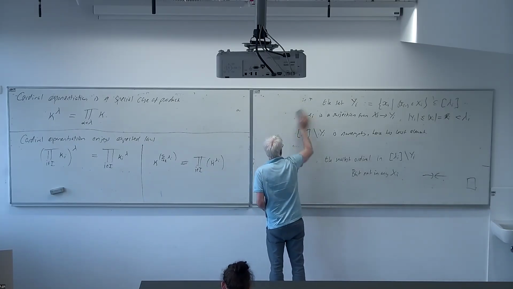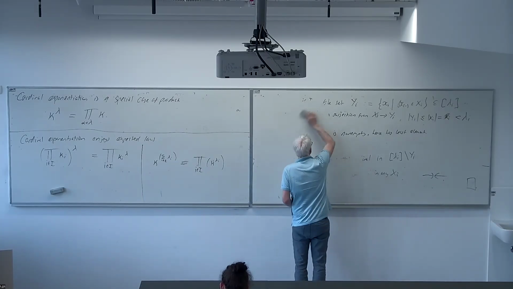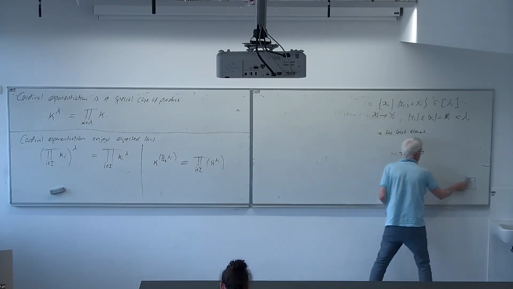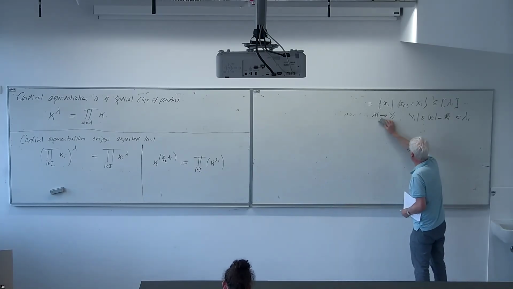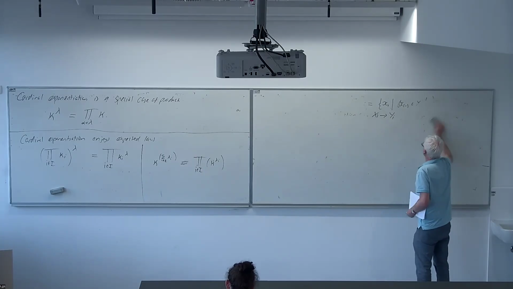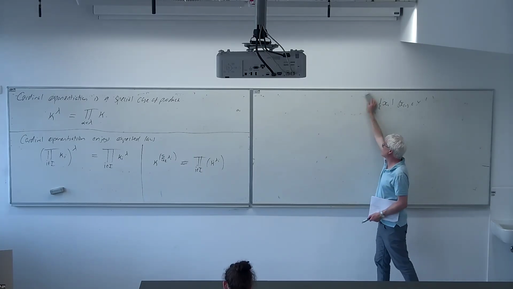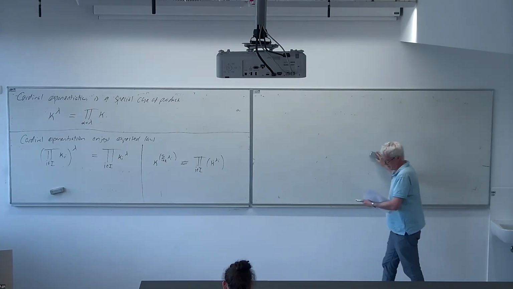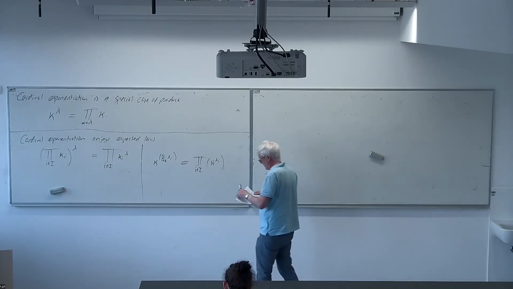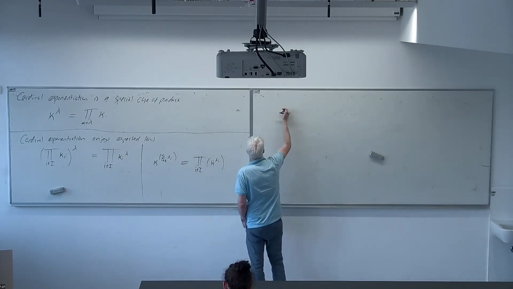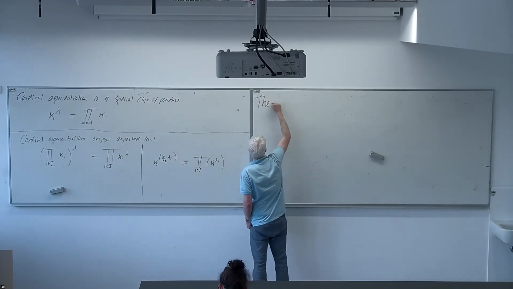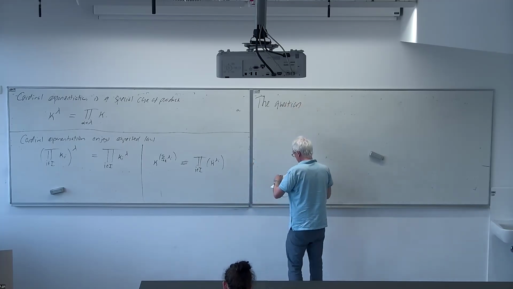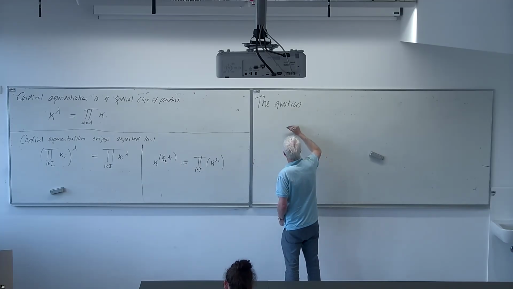Well, what we would like, we know that all our cardinals are alephs, and we would really like some rule for computing exponentials in terms of alephs. So that leads to the question, the challenge.